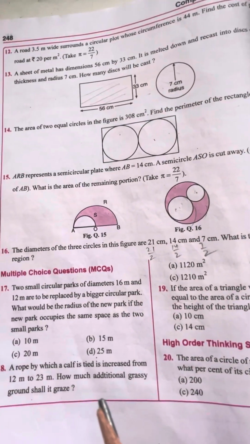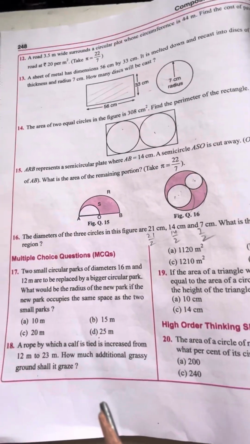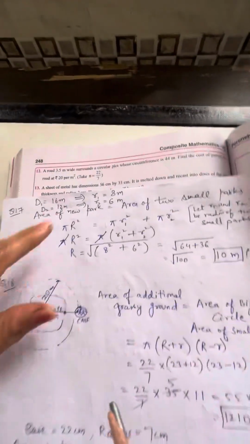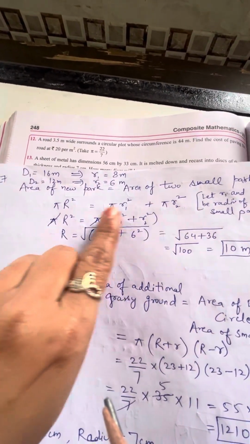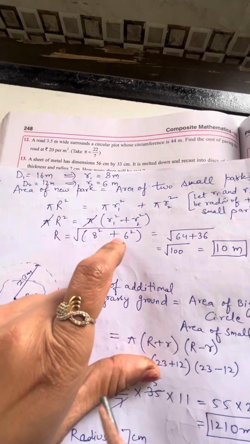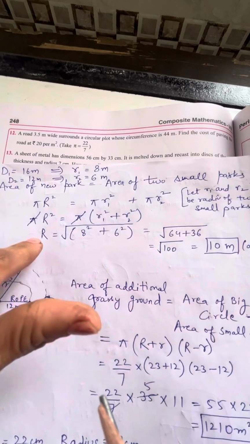So this is the hint that the area of the big park is equal to the sum of the areas of the small parks. From this, we have the radius of the small parks, so therefore we will get the radius of the big park.